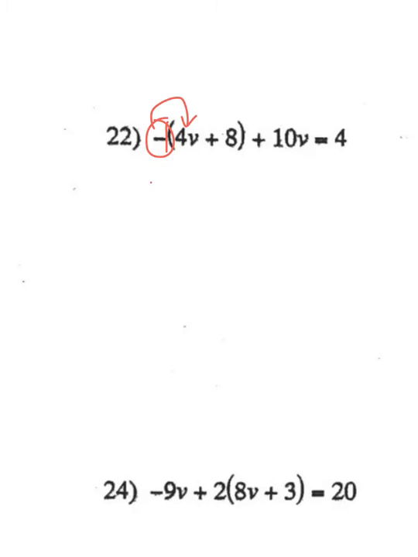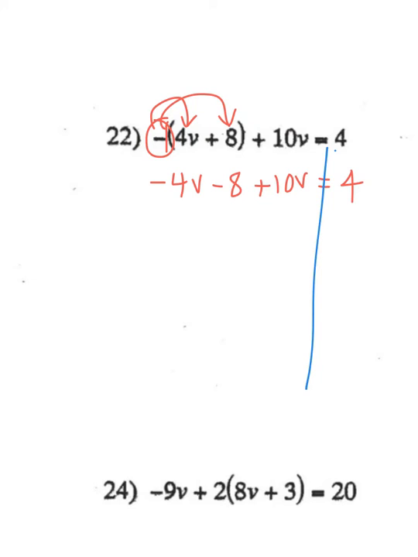So that turns into negative 4v, negative 8 plus 10v equals 4. Here's my equal sign. Okay, I can combine this negative 4v and that 10v. That's going to give me 6v minus 8 equals 4.